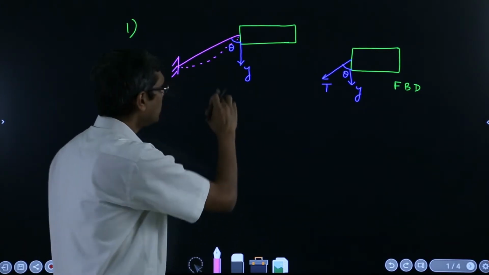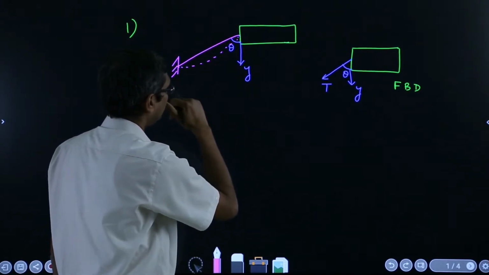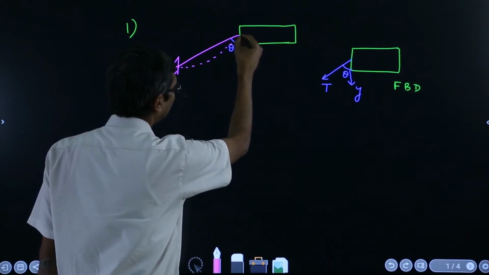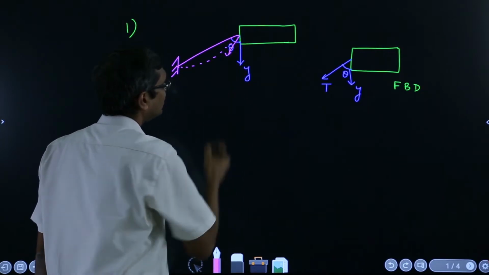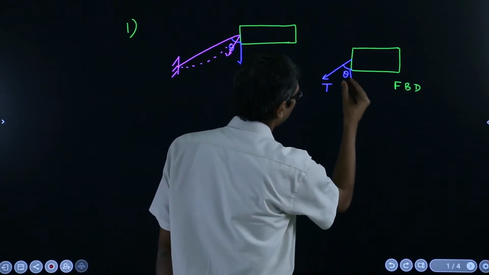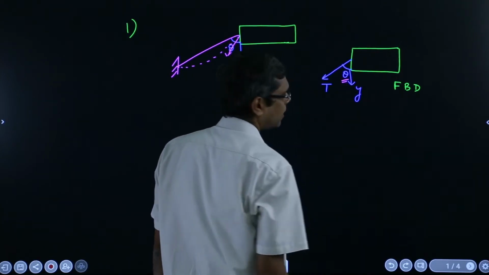So you do not know the exact shape, that means you do not know the exact tangent at this location, that means you do not even know the exact theta. So in that case even the theta will become an unknown.